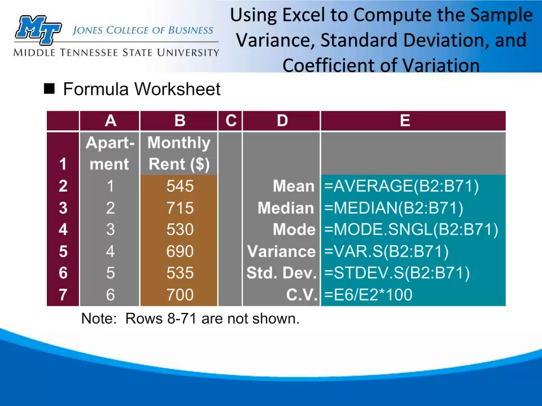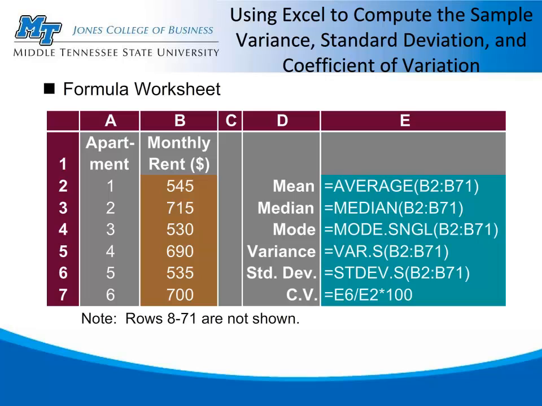Now this slide shows the Excel formulas being used to calculate these measures. The rent values themselves start in B2 and go all the way down to B71. This slide doesn't show what's in row 8 and row 9 and so forth. It just shows B2 through B7.